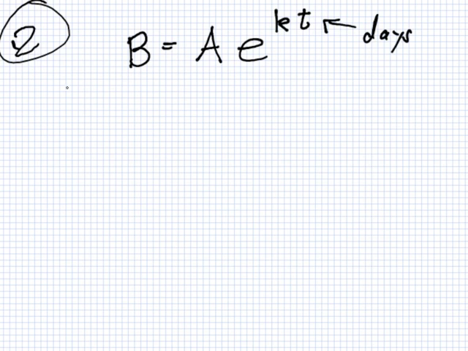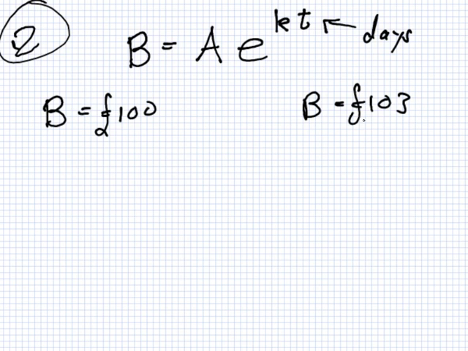At the start of the year, the bank balance is £100. At the end of the year, the bank balance is £103. So this is when the time is 0, and this is when the time is 365. Using the formula here, work out the A and the K.